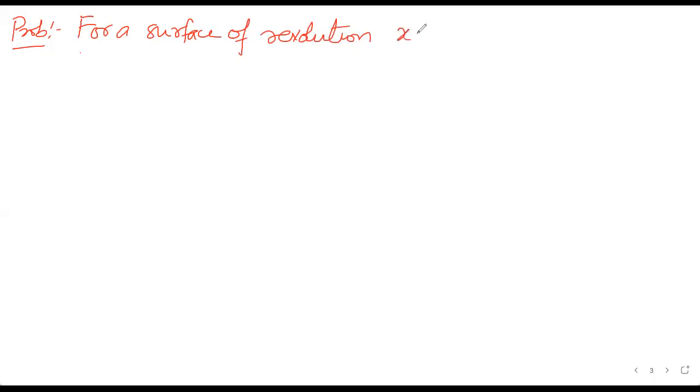One problem is there. Problem. For a surface of revolution, सरफेस ऑफ रेवोल्यूशन इक्वेशन क्या होती है? x is equal to f(u) cos v, y is equal to f(u) sin v, and z is equal to h(u).